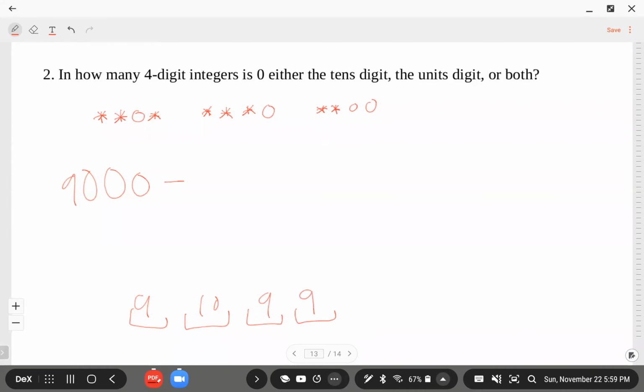We don't have a zero in our arsenal of numbers, so we throw it out the window and are left with 9 outcomes, every digit 0 through 9 except for 0. Subtract 9 times 10 times 9 times 9, which is 7,290, from 9,000, which equals 1,710. So that is the answer.